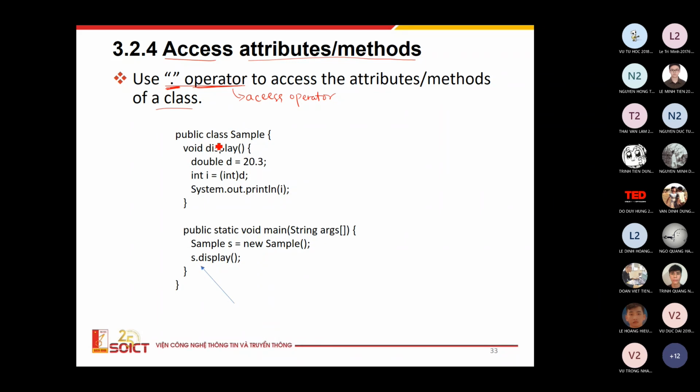For example, you have this class named Sample, and then somewhere in your program you have one object of the Sample class, and you want to access the display method of this class. So you will use the access operator, the point, here. Later you will see it in the example, but we show you before.